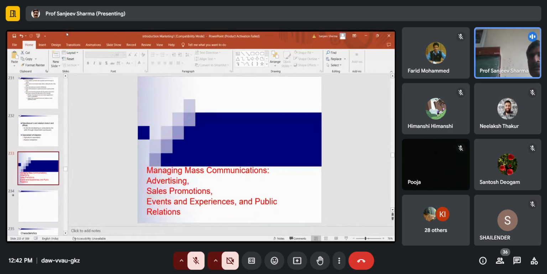Third, what can you advertise? You can advertise a product, a service, or even an idea. You get ads, donate blood. What is this? Are you selling anything? Is there a product being sold? No, you are promoting an idea. Wear helmet. The wonderful Delhi police ad, one of the best ads.